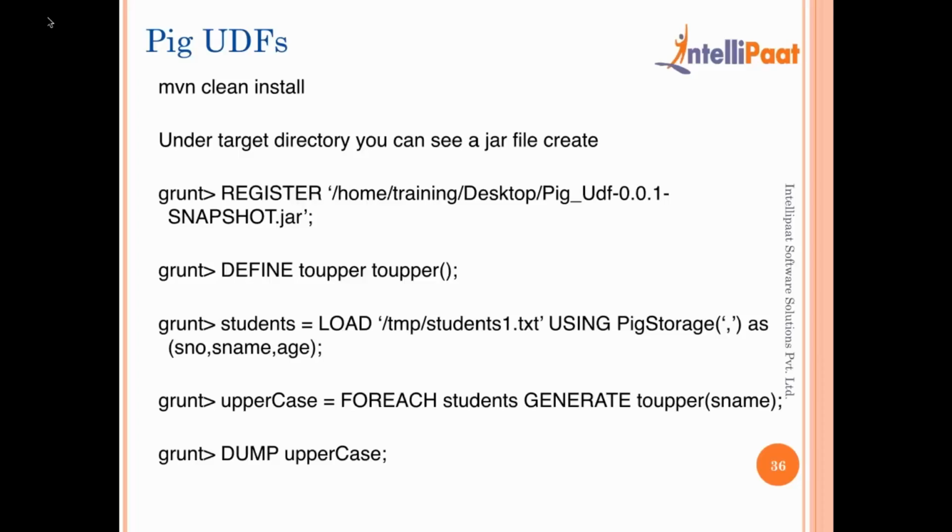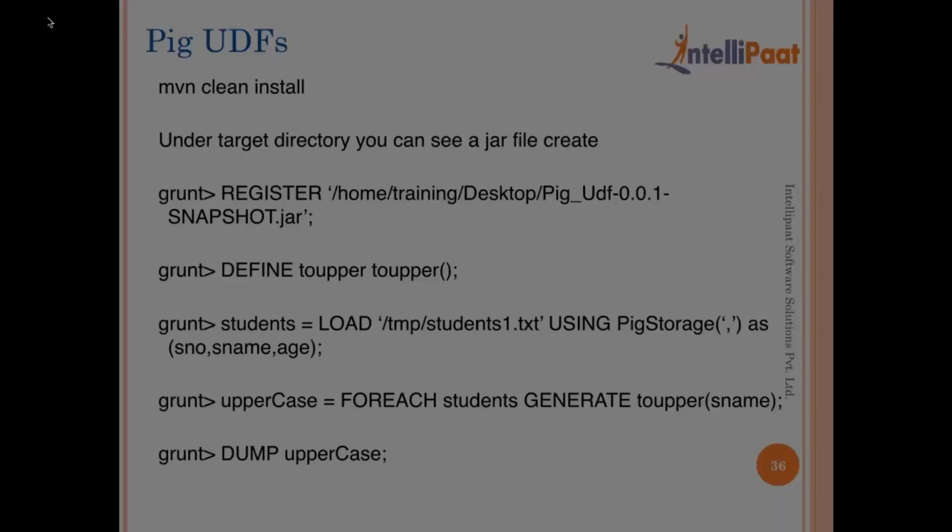After that you define the function, and after defining it you can use it. In our case we are using FOREACH student GENERATE toUpper, and we are sending the student name. That converts all the student names into capital letters. If you dump your uppercase, it will show all the student names in capital letters.